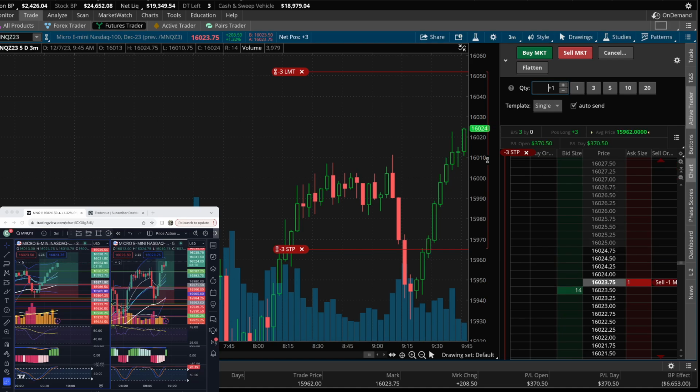So I'm looking at the stochastic, I'm looking at the MACD also. The stochastic started to look a little bit weak on the 3 minute, but I held it because we see nothing but green on the MACD. Again, all of this stuff is really just reflecting price action, but for my brain, the way I see the market, it is just a clearer understanding when I can look at the indicators and use that to make decisions. And that's just a me thing.